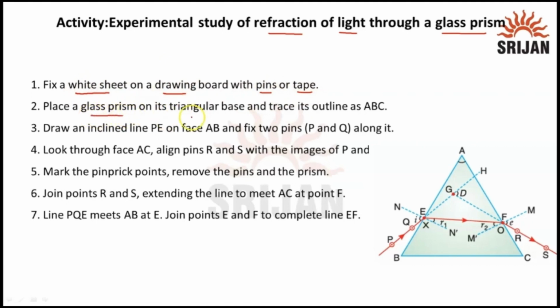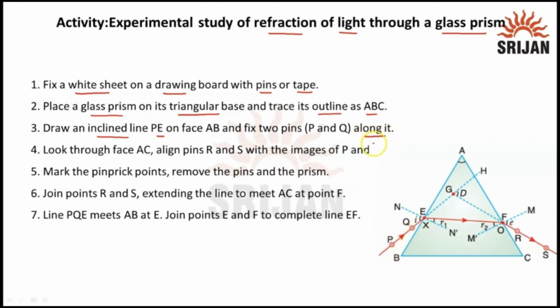Now place the glass prism on its triangular base and trace its outline as ABC. Now draw an inclined line PE on the face AB, and fix two pins, marked here as P and Q.